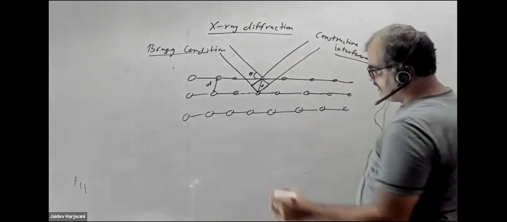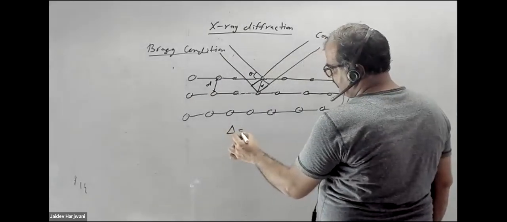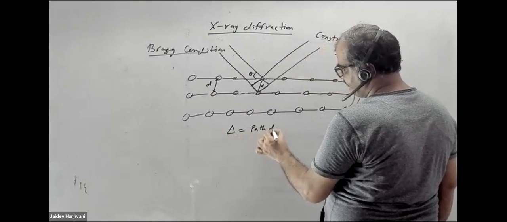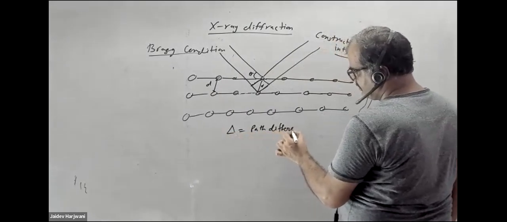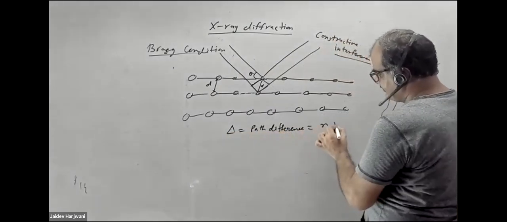So path difference, delta, should be equal to n lambda.